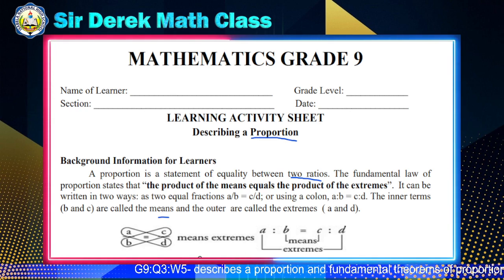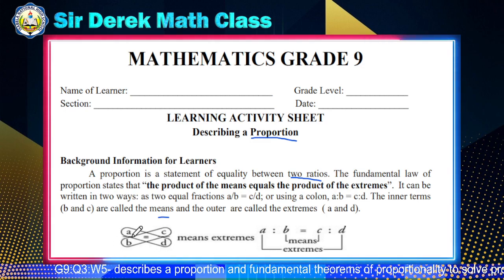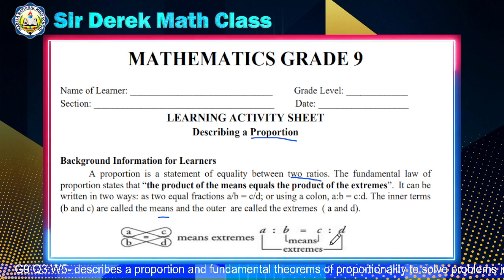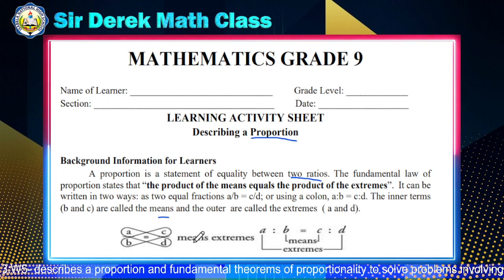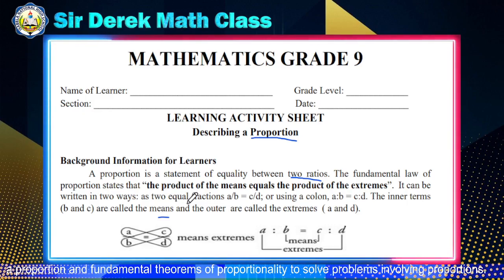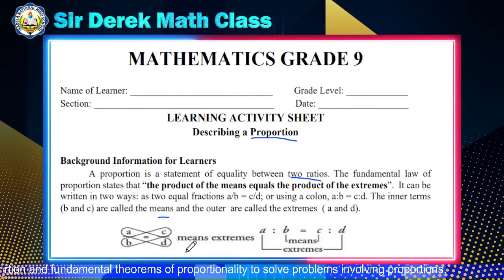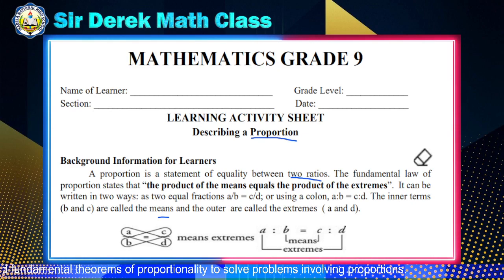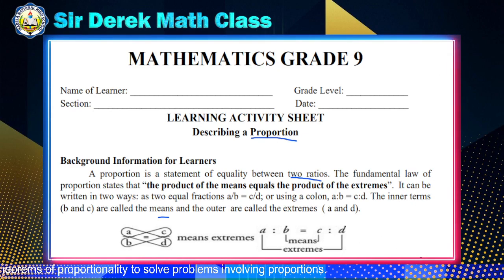We have two ways to describe a proportion. First is using fractions, and second is using a colon. But take note that the means and extremes are used for the product, or if we are going to solve for the unknown part. Later on I will show you how to solve using the means and extremes.